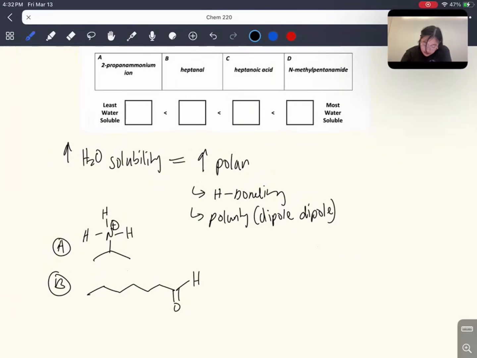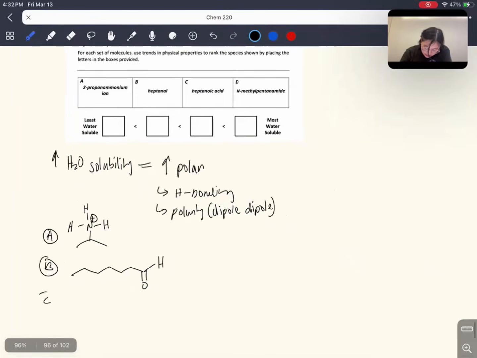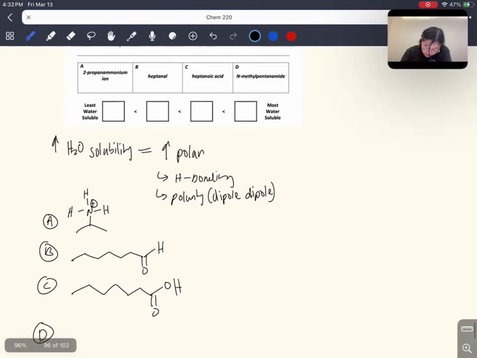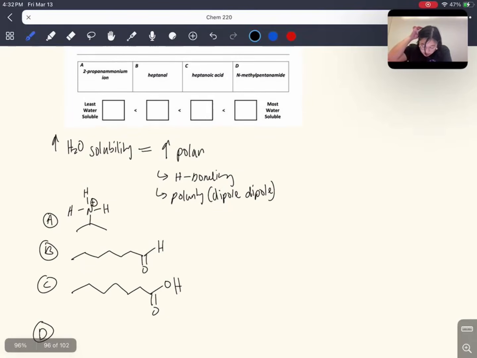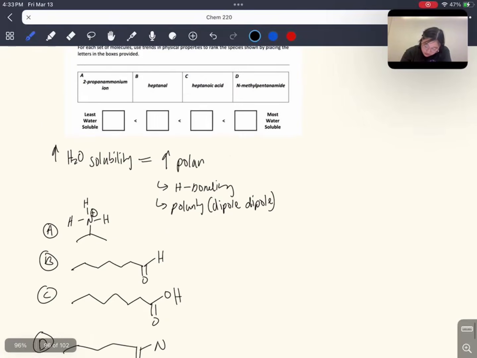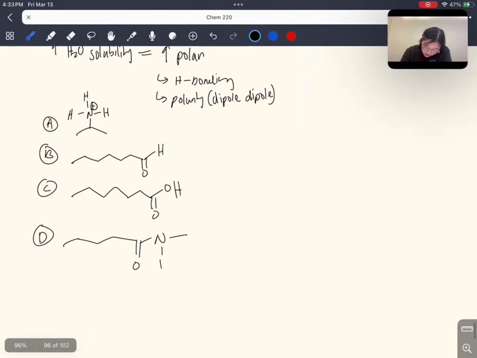Heptanoic acid, you have seven carbons and a carboxylic acid on the end. And for D, you have N-methylpentanamide. So you have five carbons, and then you'd have your amide group, and you also have a methyl attached to the nitrogen atom.